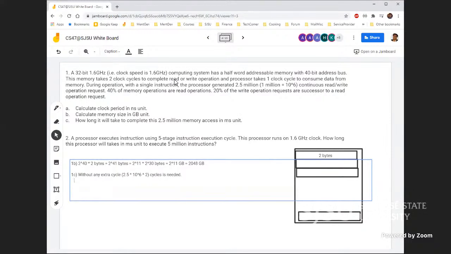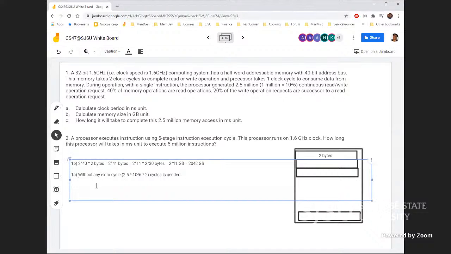Now let's compute the extra clock cycles. Extra clock cycles come from back-to-back read and write operations. Out of 2.5 million, 40% of the memory operations are read operations. That means 60% are write operations, right? And out of that 60%, 20% of the write requests are the successor of a read operation.